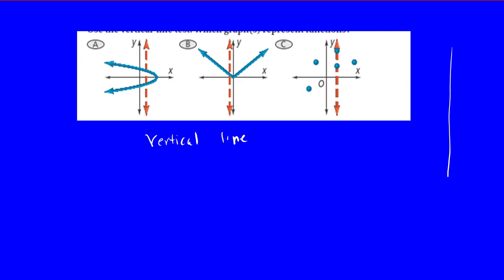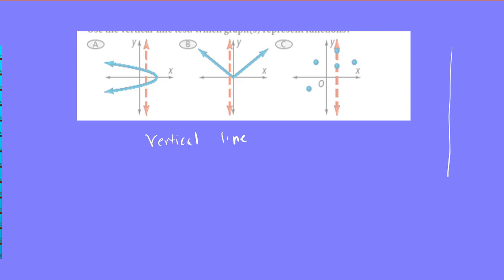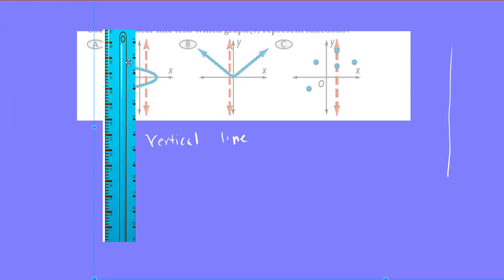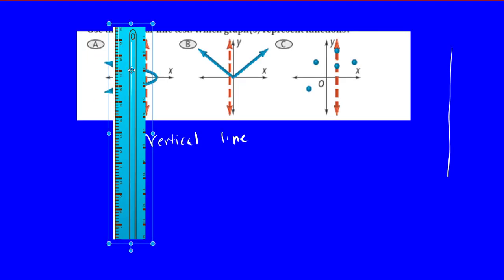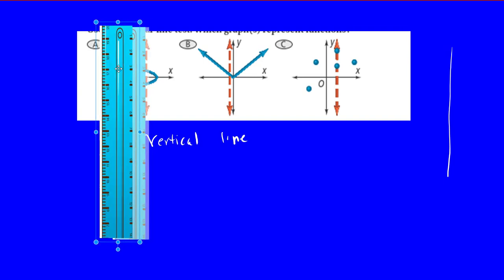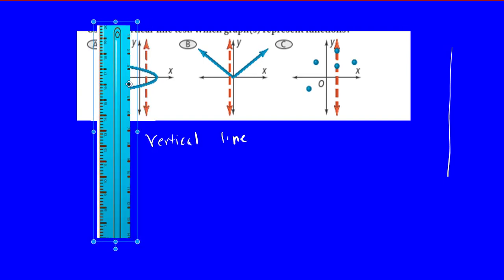So, let's pass my vertical line through that very first graph. Lo and behold, my vertical line, my ruler, keeps hitting 2 points right here. See that? It hit that point, and it hit that point.